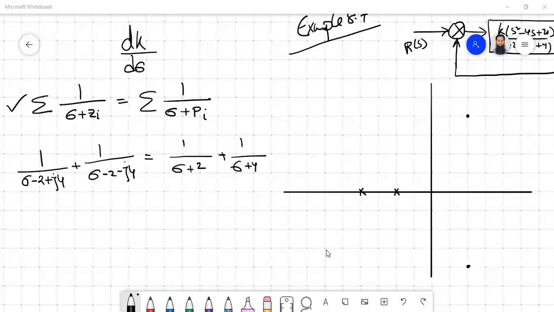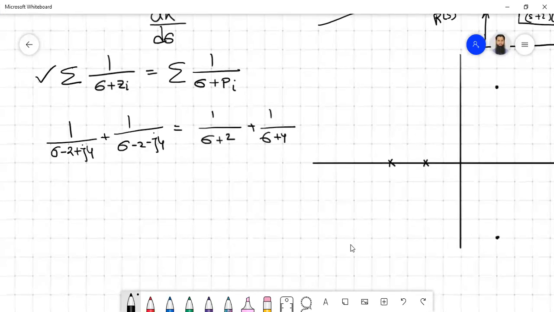If you try to simplify, cross multiply. If you multiply these two, it is going to be the polynomial that we already had, but instead of s it will be sigma.